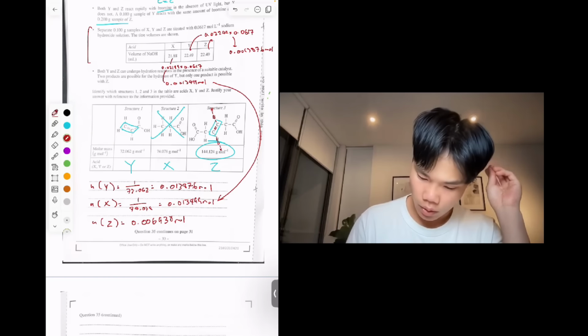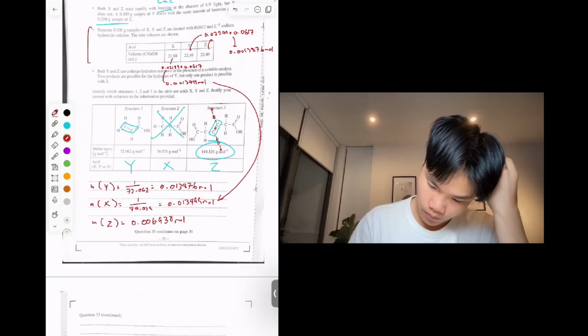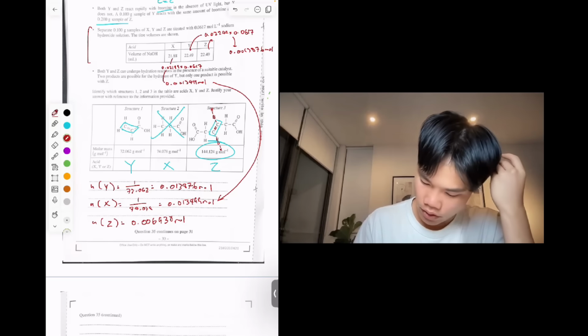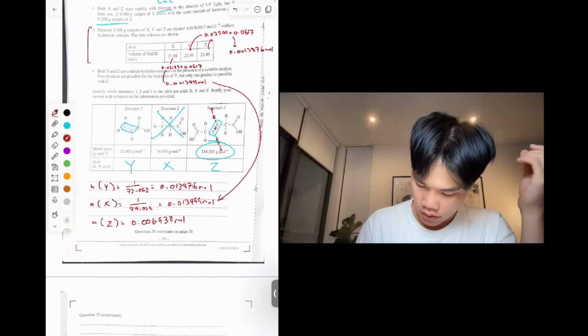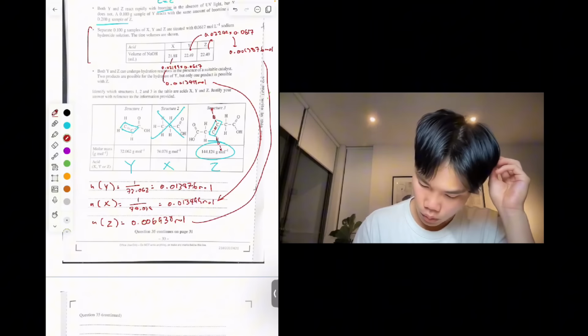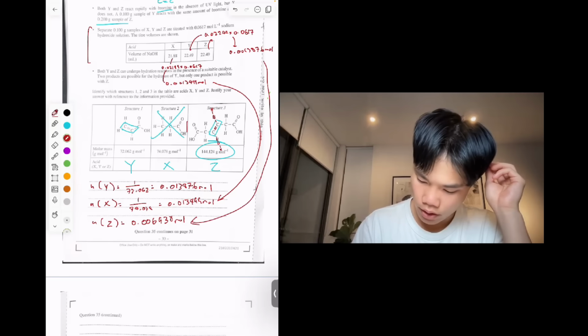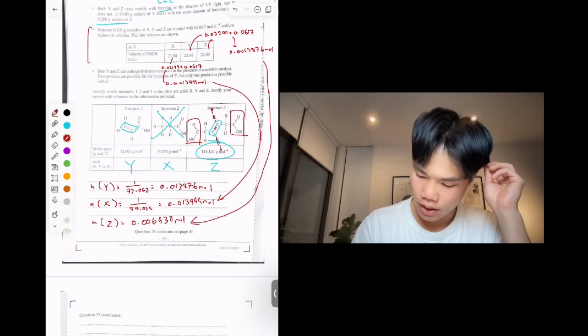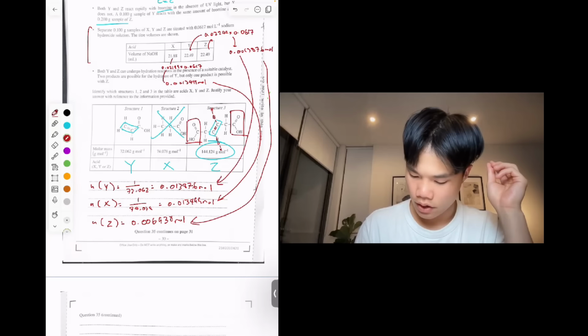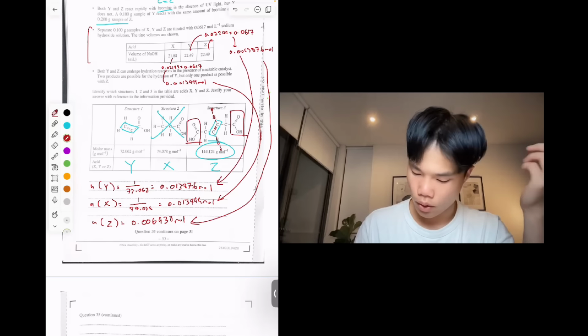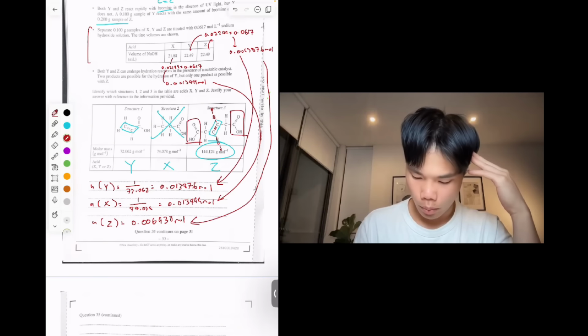And that makes sense, that Y and Z are the two that require the same amount of moles, and Z would require two times the moles since it is diprotic, as it has two carboxylic acid groups, and for Y, it has the single proton and it matches this mole amount exactly.